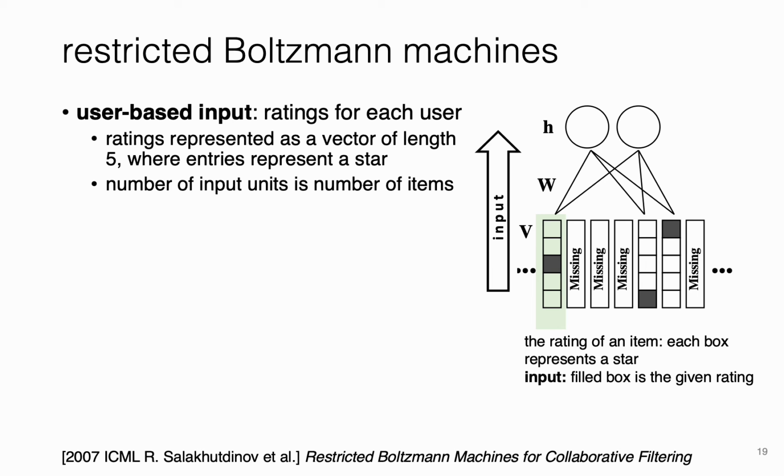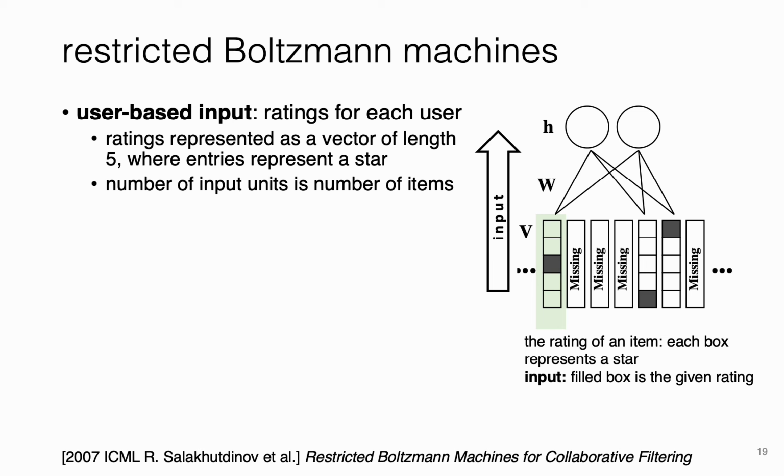The number of input units in the visible layer is equal to the number of items. As we see in the figure, a user has rated some items. For example, for the first item, the user gave 3 stars, hence the filled box in the first input unit. For some items, the user did not have a rating, so no box is filled.